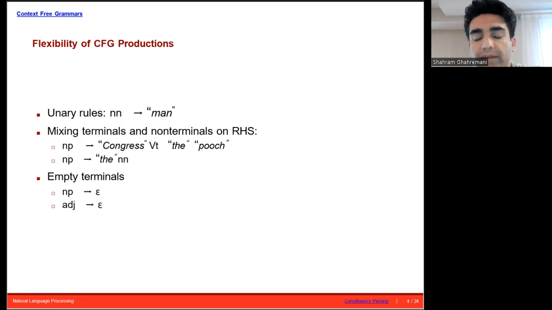We can also mix terminals and non-terminals on the right-hand side so that you can have lexicalized expressions or fill-in-the-blank style rules in your productions if you want to. And you can also have empty terminals. So if you have optional components in a syntactic rule, you can express that using an empty terminal expression.